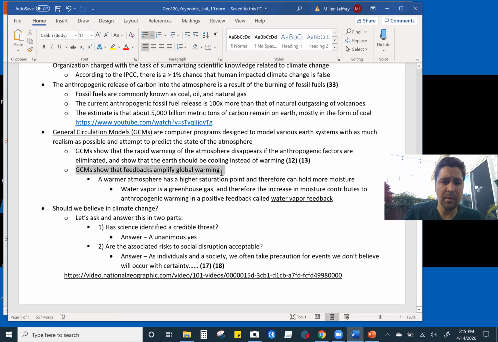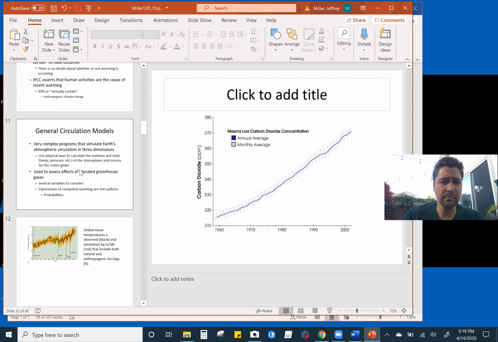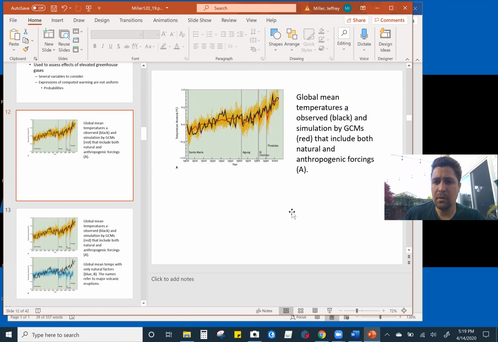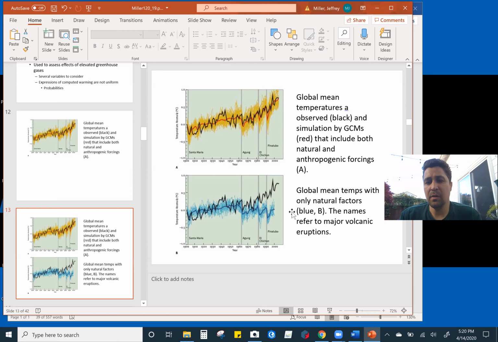So feedbacks are amplifying global warming. Actually, before I do that, let's look at 13 and 12 quickly. Okay, global mean temperatures observed and simulated by GCMs that include both natural and anthropogenic factors. Not really sure actually what that's trying to tell us. Oh, here we go. Okay.